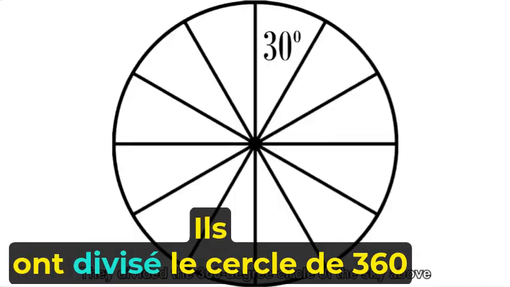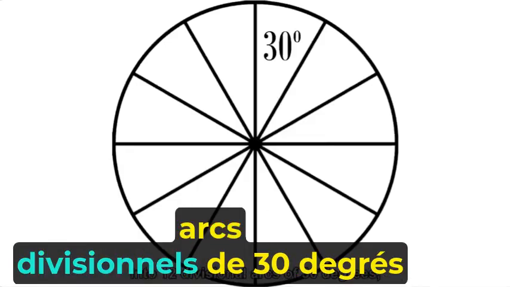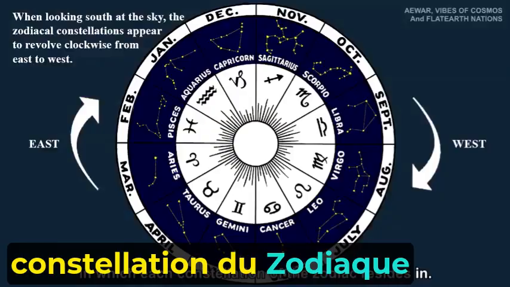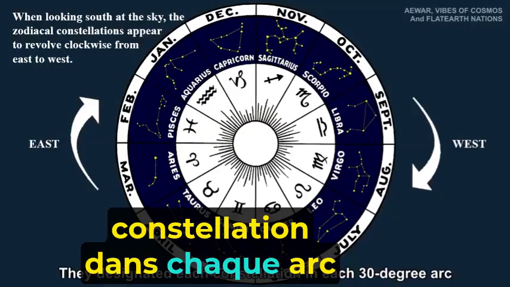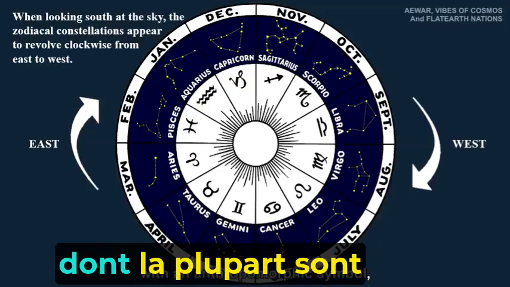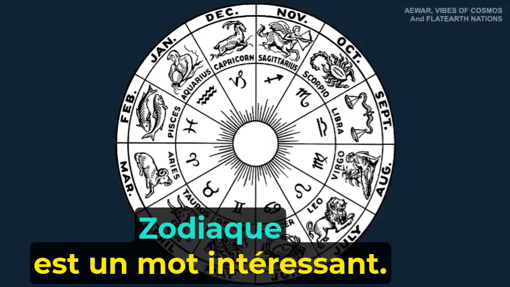They divided the 360-degree circle of the sky above into 12 divisional arcs of 30 degrees, in which each constellation of the zodiac resides in. They designated each constellation in each 30-degree arc with an anthropomorphic symbol, most of which are animals.